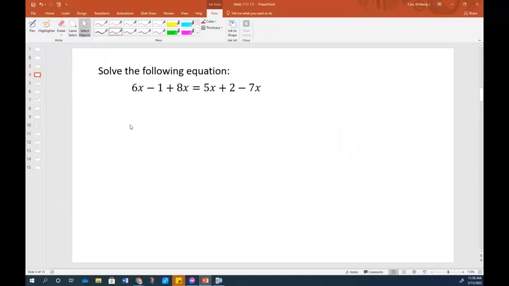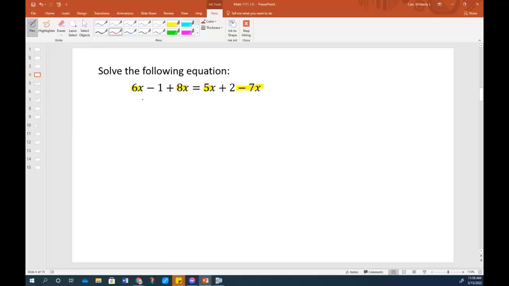So this one is just a little bit longer. When you have something like this, what you want to do is collect the variable on each side or simplify each side first, and then we will bring the variables around to one side. Going from left to right, 6x is a like term with 8x, and then 5x is a like term with negative 7x.